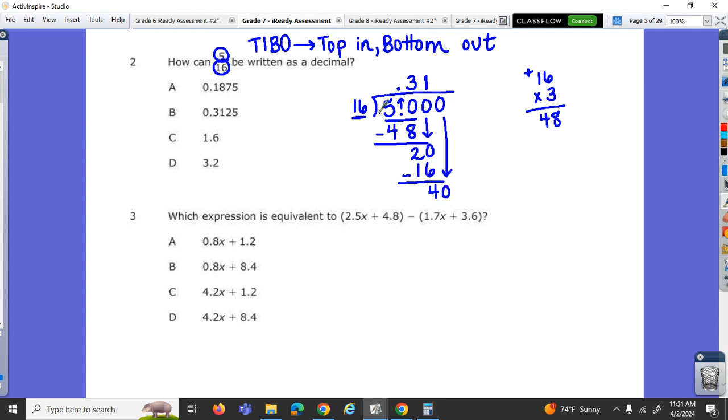So 16 goes into 40 about that 2 times. Now you might start kind of looking over at your answer choices to help you out a little bit here too, right? So 16 times 2, 12, carry the 1, 2 times 1 plus 1 be 3, so 32.